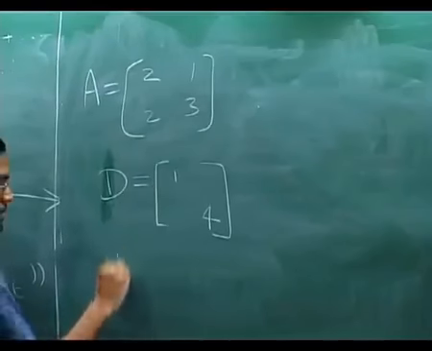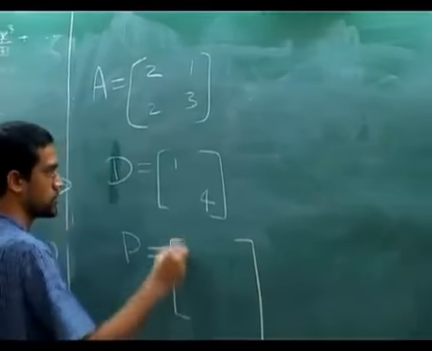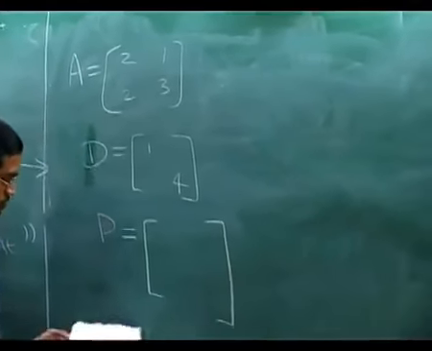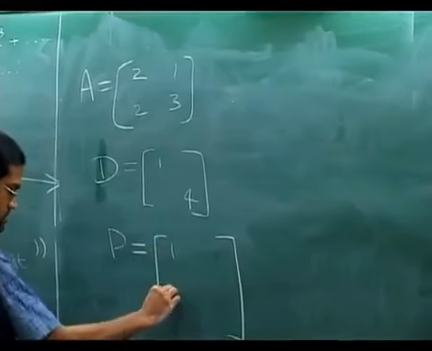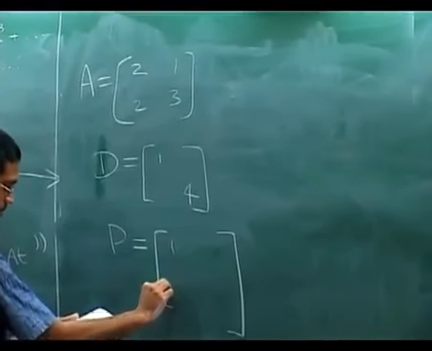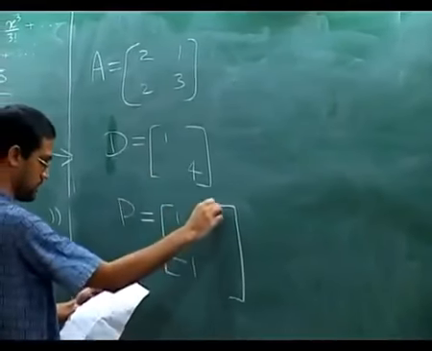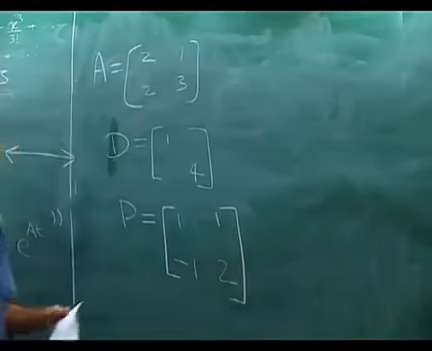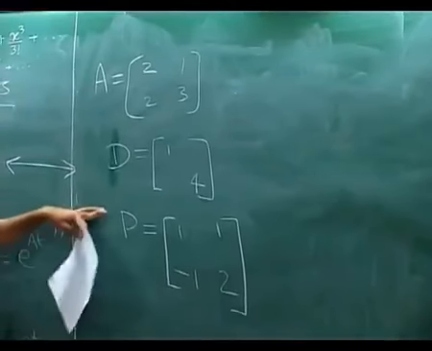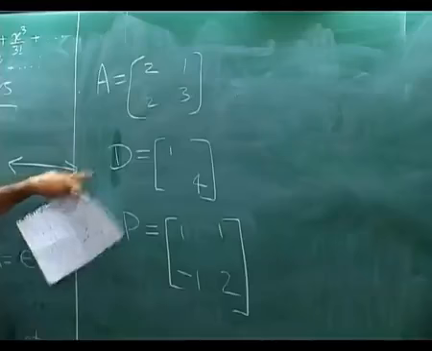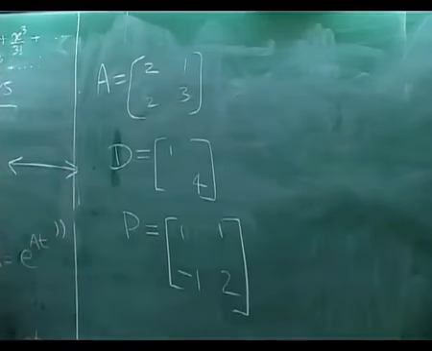Let me write those as a column matrix, as a 2 cross 2 matrix. For 1, the eigenvector we found was 1 comma minus 1, and 1 2 was the eigenvector for 4, right. So I have arranged it as a diagonal matrix consisting of the eigenvalues, and a 2 cross 2 matrix whose 2 columns are the 2 eigenvectors, right.